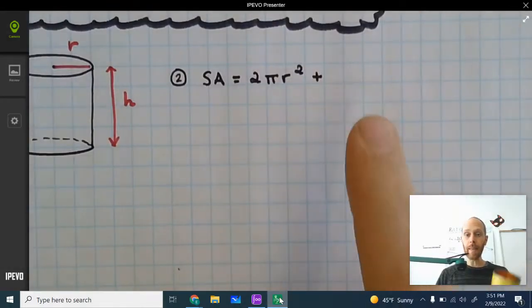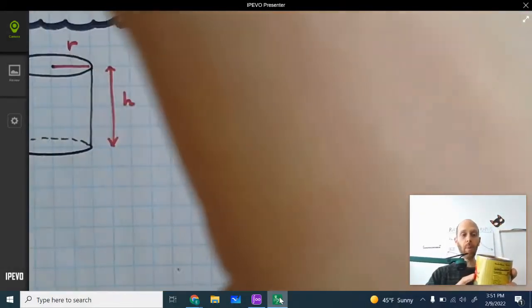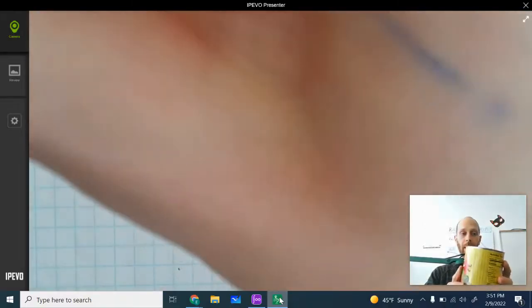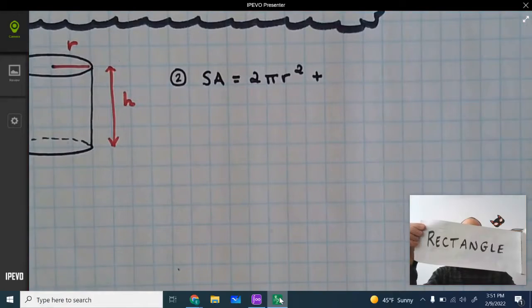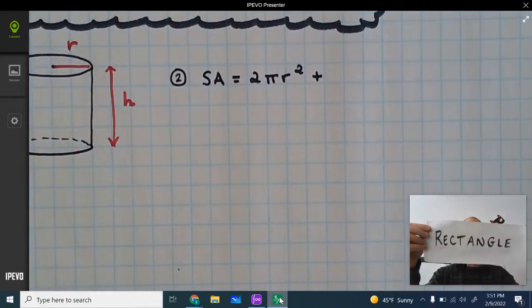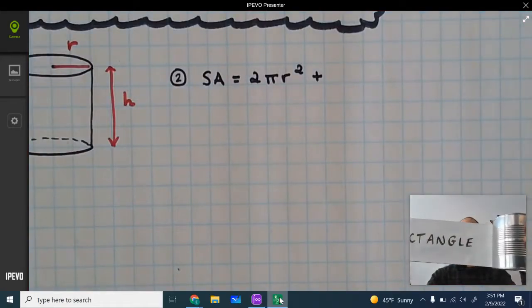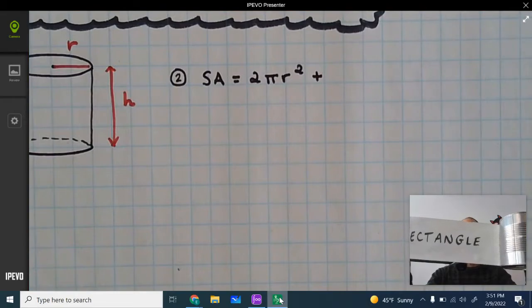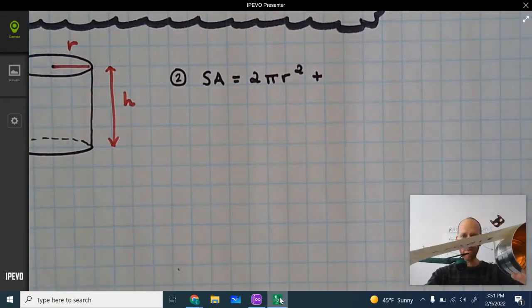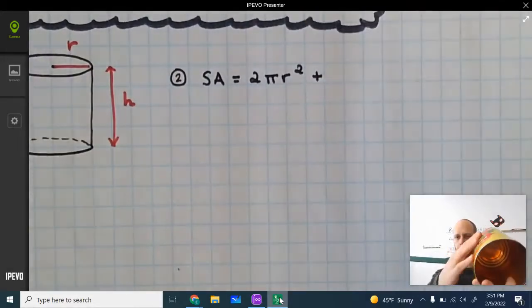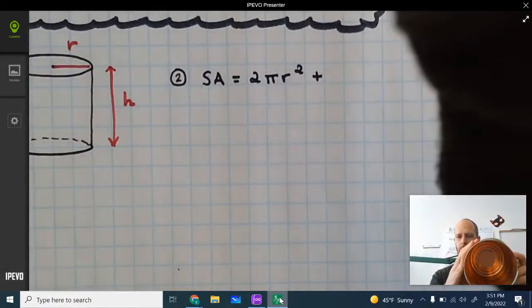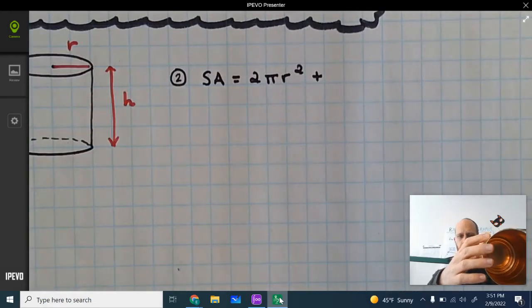now for the lateral face of the can, I want to point out that this is actually just a rectangle, where the height is the height of the can, and the base is, watch me wrap it around here, equal to the circumference of the can.